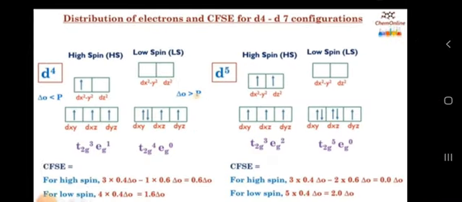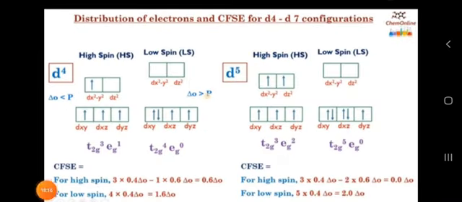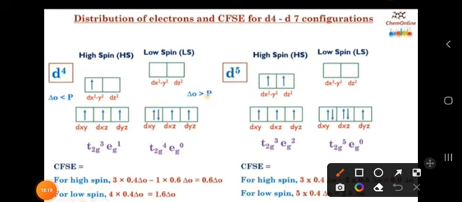Okay, let us see now d4 to d7. When you take d4 to d7, the electrons are going to split like this: t2g3 eg1 according to Hund's rule, or we can take it as t2g4 eg0. Low spin means what we are going to get, high spin means what we are going to get.